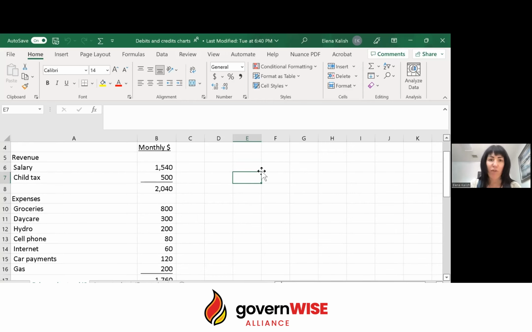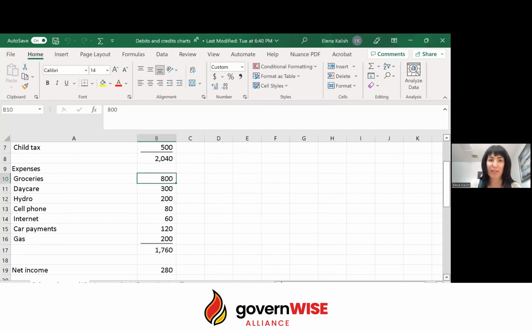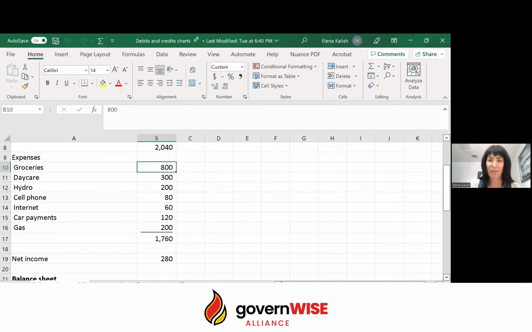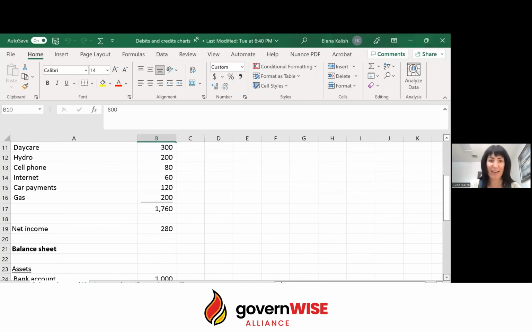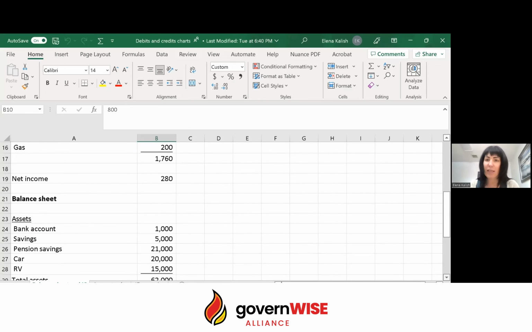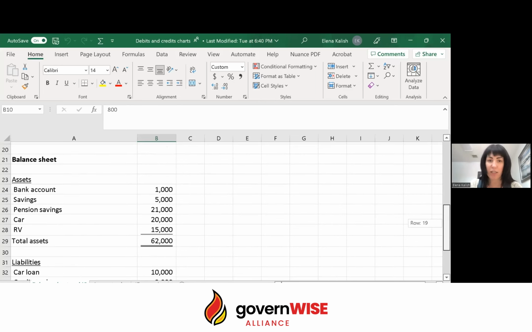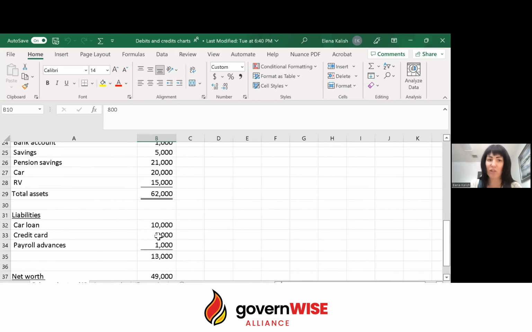Or if, for instance, we bought some groceries, went to Costco and spent $200, then what's the other side of that? Well, if I use my credit card, then on the debt side of my balance sheet, the amount owing to the credit card has increased, right?